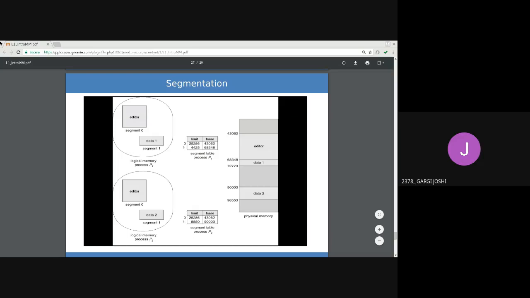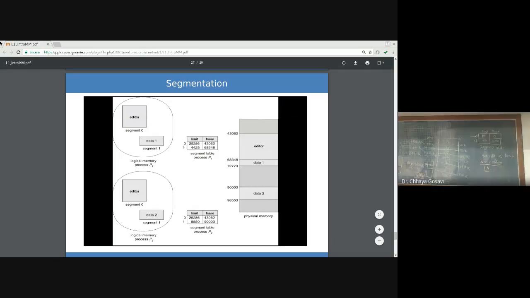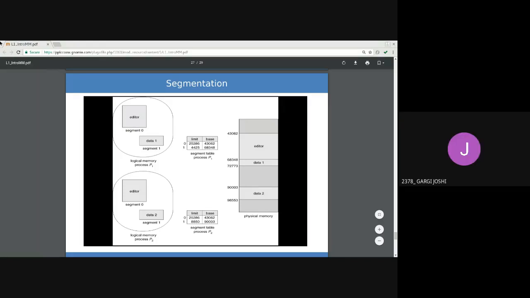Which fragmentation, internal, external, or there will be no fragmentation? Ma'am, there is no internal fragmentation because we are allocating it according to the size.